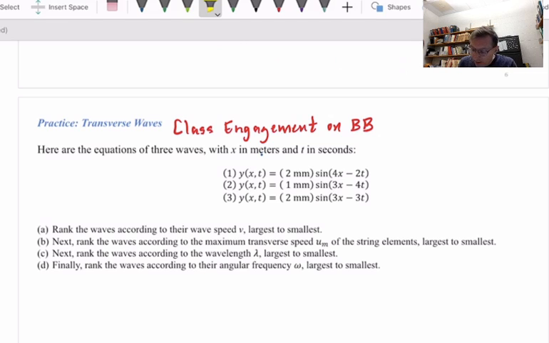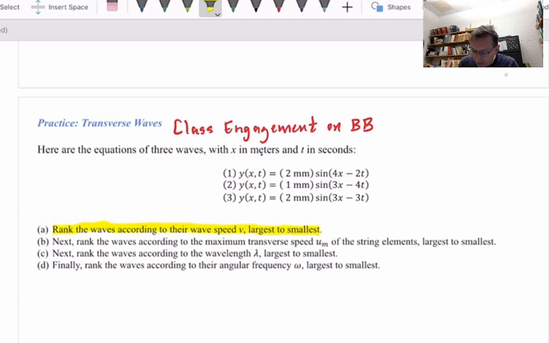A, rank the waves according to their wave speed v, largest to smallest. So there must be a way, with the information inside these wave functions, to figure out the v of the wave. That was in the first video lecture. So basically, find the v for each wave, and then you can rank them, largest to smallest.